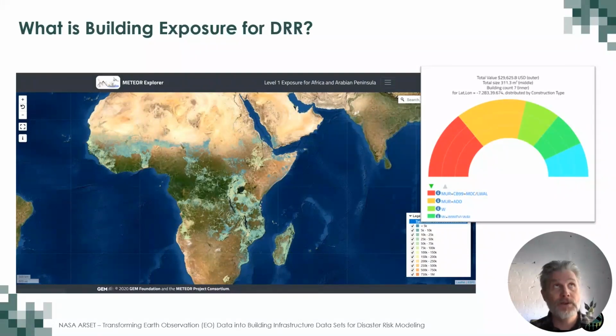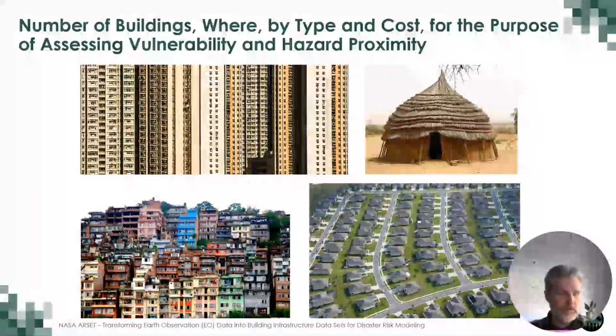And what we're doing is we call it climate conditioning the models so that we can understand how that's changing on the ground. So back to exposure development. What is building exposure in the context of disaster risk reduction? Here we've got four different pictures depicting four very different ways that people live.